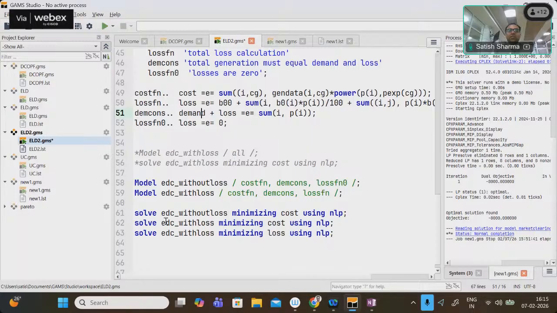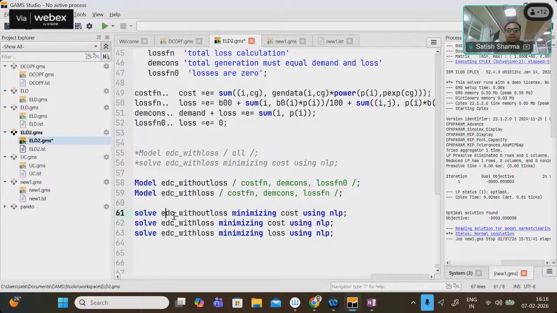Now I can solve these. So in the same formulation, I have defined two types at the same time, without loss and with loss. Then I can solve the same problem, either minimizing the cost or minimizing the network losses as well.